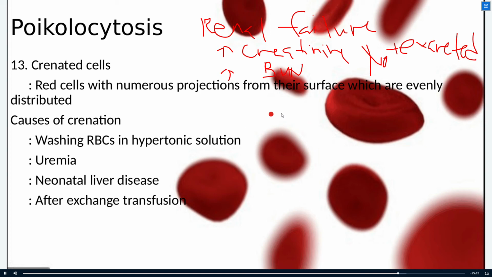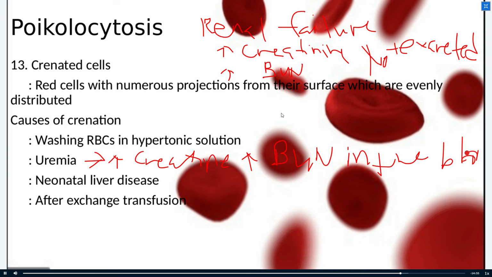Saan sila napupunta? They will now stay in the blood, leading to, when you say uremia, this will be characterized by increased creatinine and BUN in the blood, causing crenation of red cells.